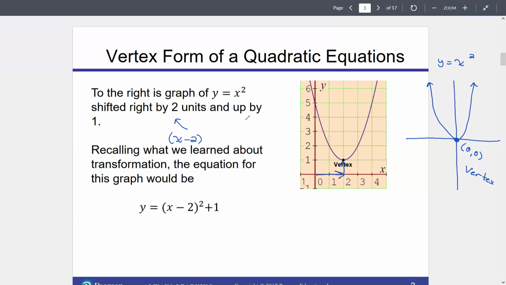And if I want to shift up by a unit, that means I have to add 1 to the whole function. So we're going to take y equals x squared. Well, now it's going to be x minus 2 squared. So we can get that shift to the right. And then we add 1 to the outside to make it shift up.